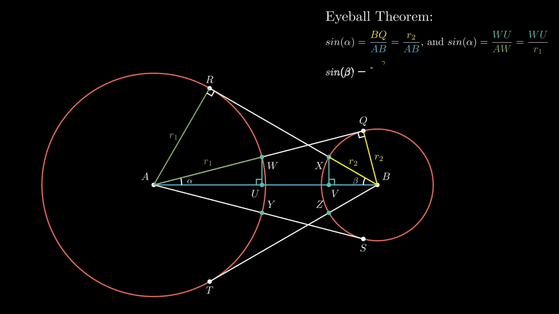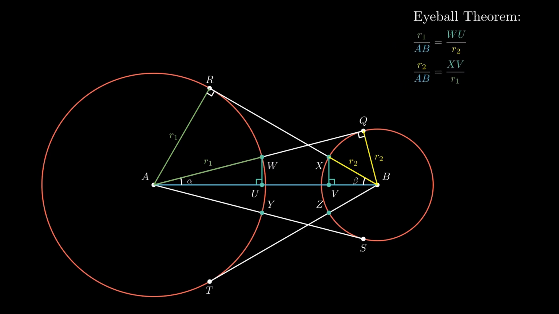Similarly with sine of beta, you can see the rest follows through. Once we have the ratios and we substitute R1 and R2 where appropriate, we get these 2 ratios. When simplifying them down, we receive that R1 R2 is equal to WU times AB, which is equal to XV times AB. Making them equal to each other, we see that XV times AB is equal to WU times AB, or XV is equal to WU.